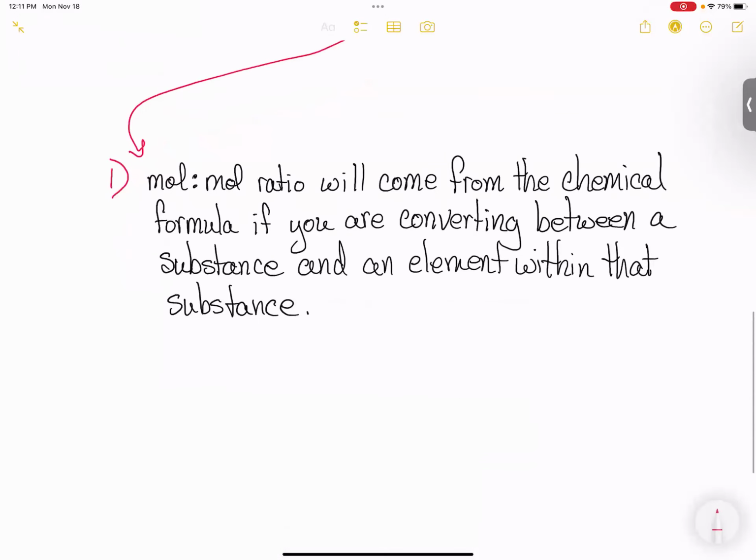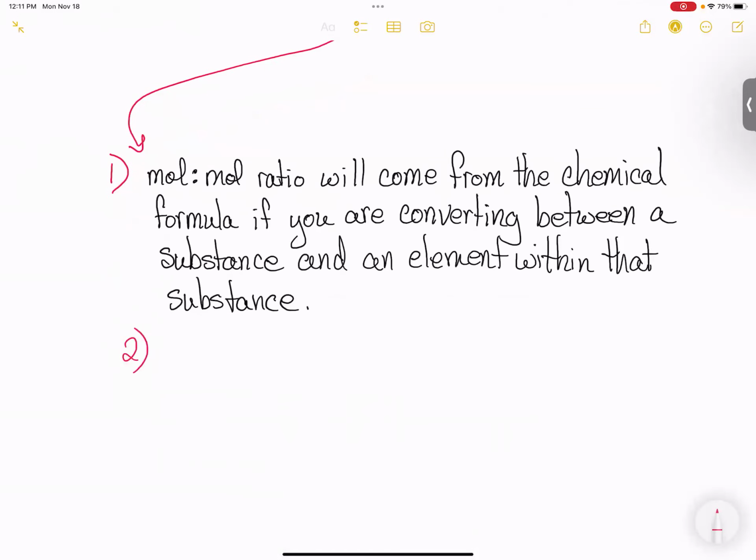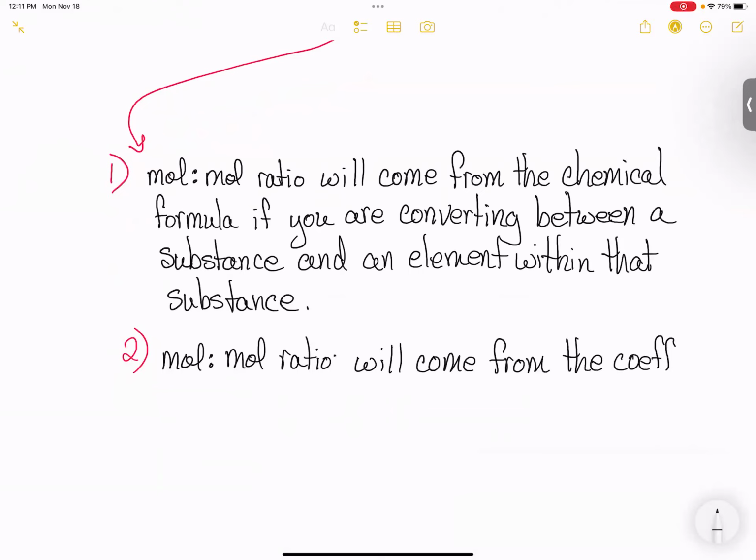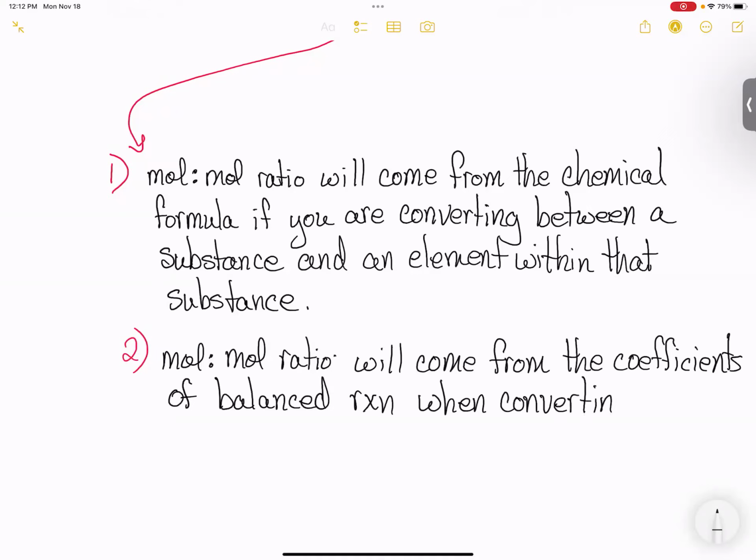But the second location where that mole to mole ratio will come from is the coefficients of a balanced reaction when converting between two substances in the reaction.